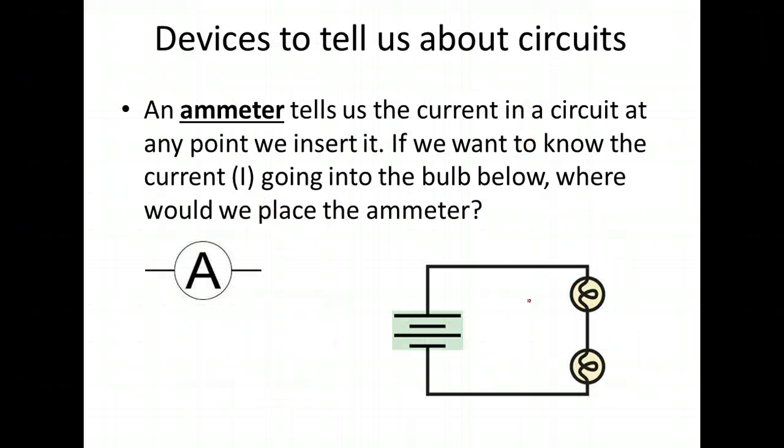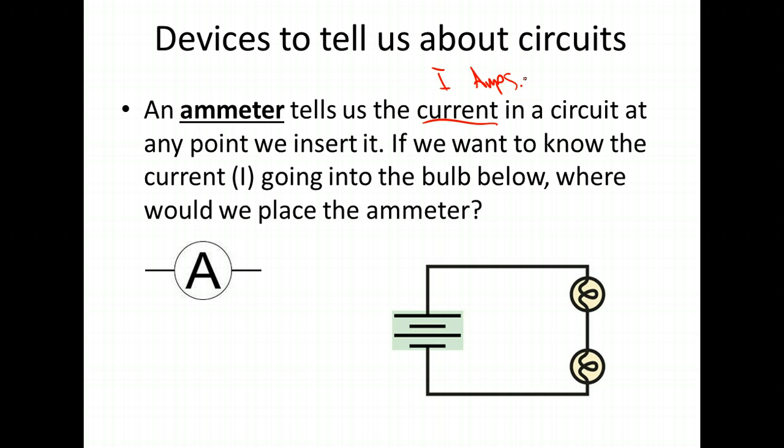All right. We've got a couple of devices that tell us about circuits. We've already used kind of a combination of these, but let's say we're going to use just one. An ammeter is something that tells us the current in a circuit. Current is variable I, represented by amps.